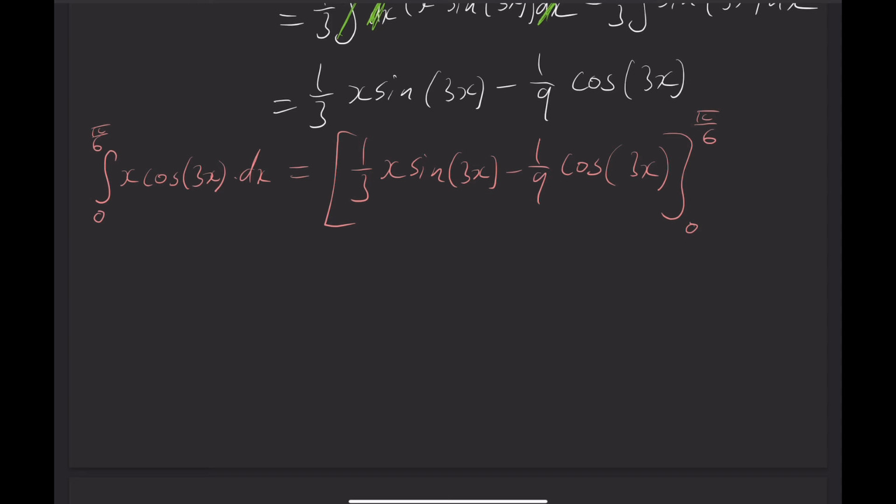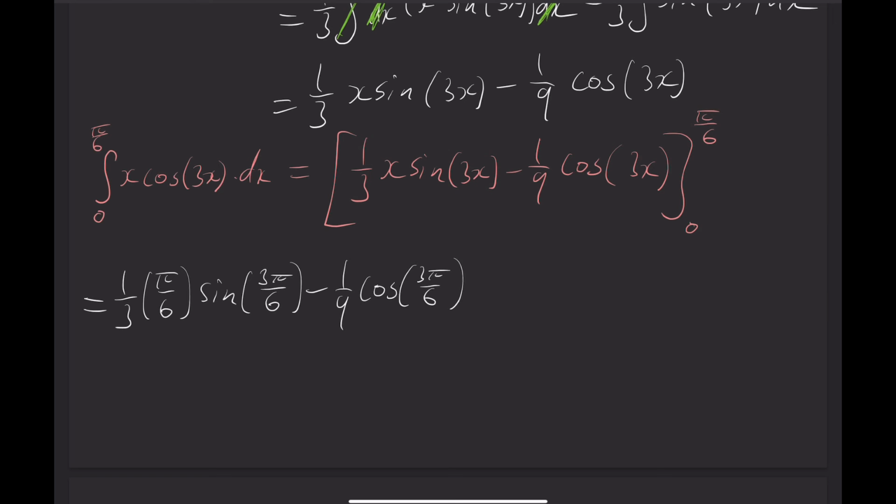We do some substitution. So this equals 1 on 3 times pi on 6 sine of 3 pi on 6 minus 1 on 9 cos of 3 pi on 6 minus, big bracket, 1 on 3, 0 sine 3 times 0 minus 1 on 9 cosine of 3 times 0, big bracket.